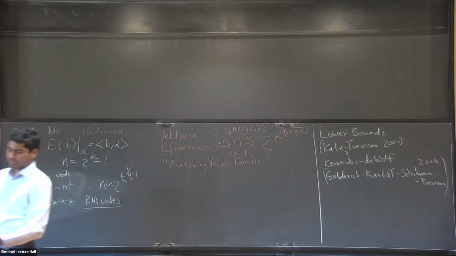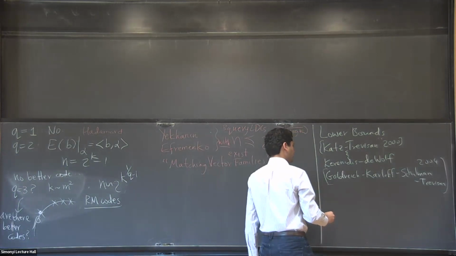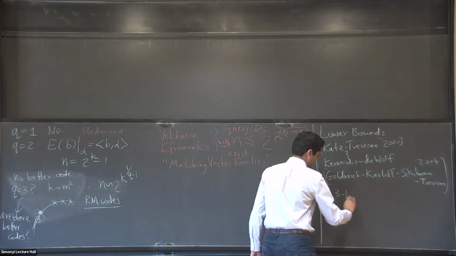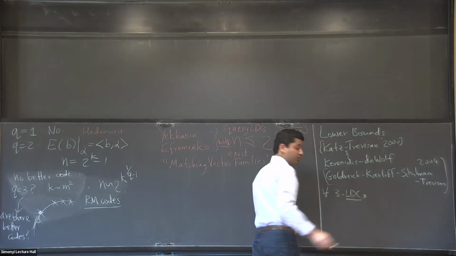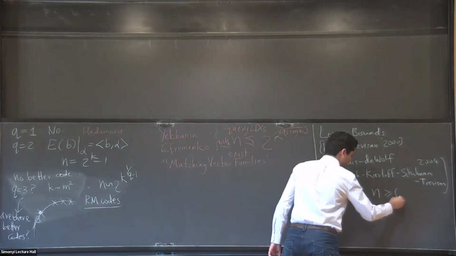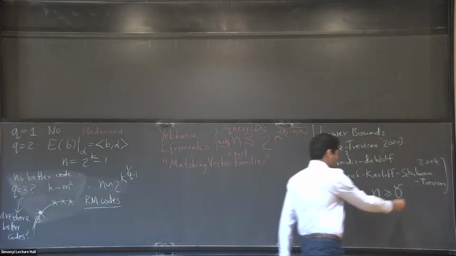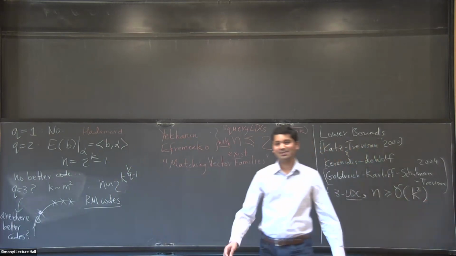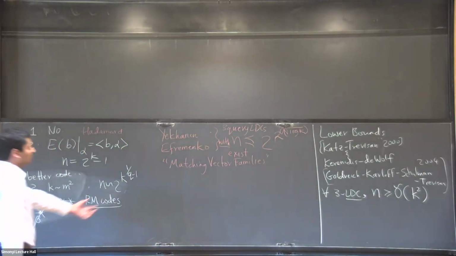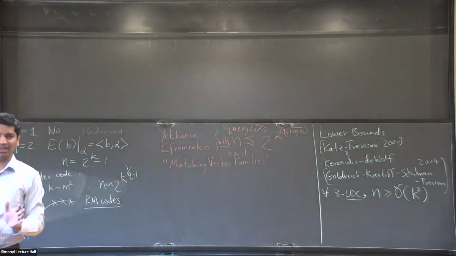What this succession of works proved is that for any 3 LDC, where LDC means locally decodable code, N must be, drum roll, the answer is K squared. This seems very far off from the upper bound over here, but that's the best we've got, until last year.